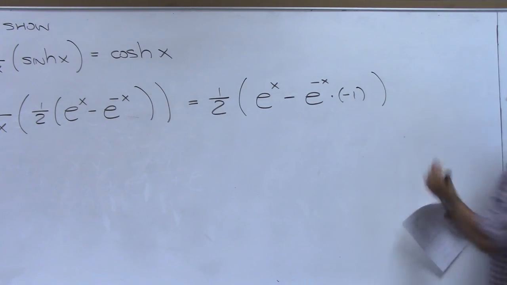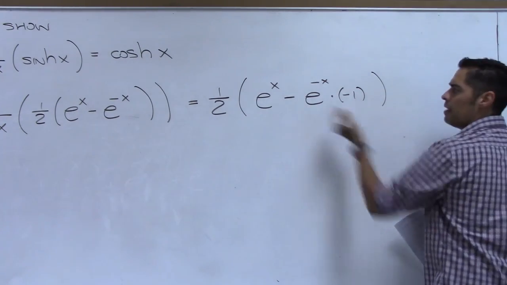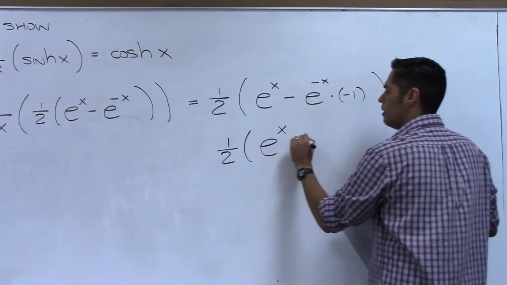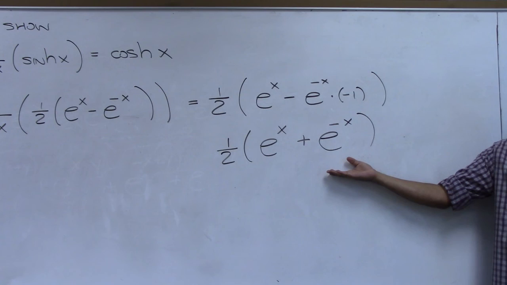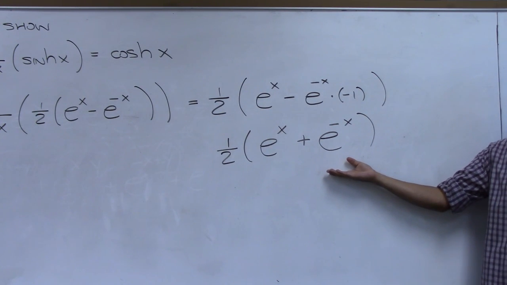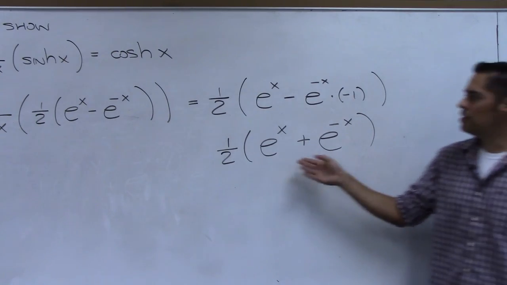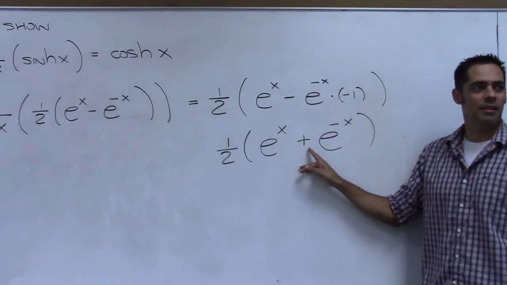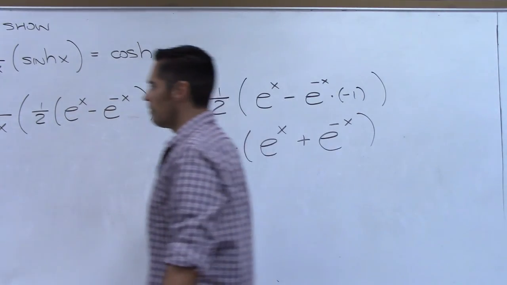And that's it, right? Done? And what does this negative do to that? Changes it to plus. And what is this? That's your cosine hyperbolic of x, isn't it? So all that happened was it changed that minus into a plus at the end of the day. That's all it did by taking the derivative. So you got the cosine out of it.